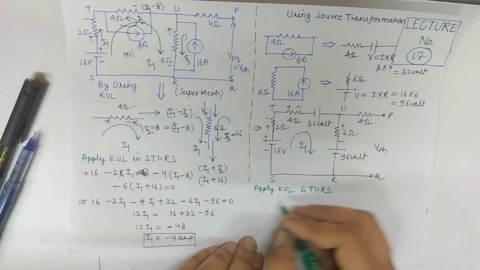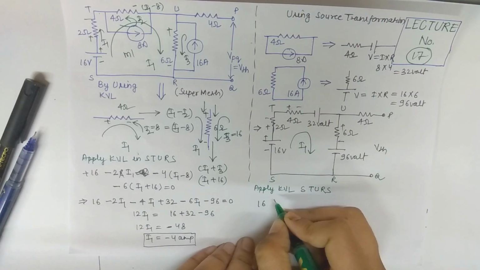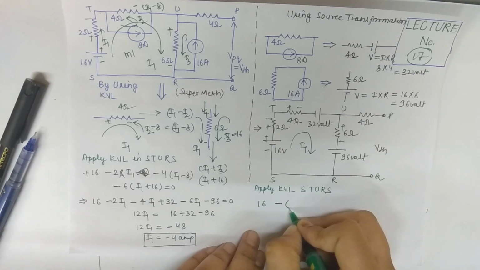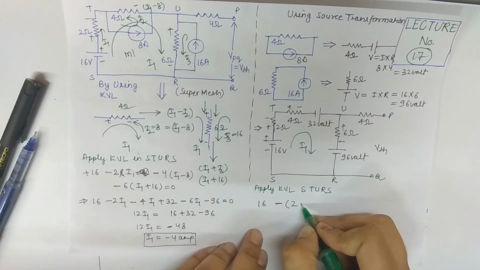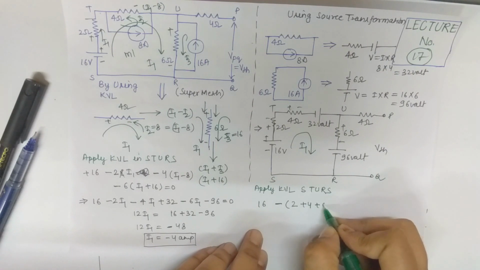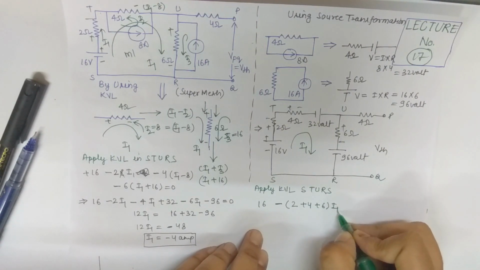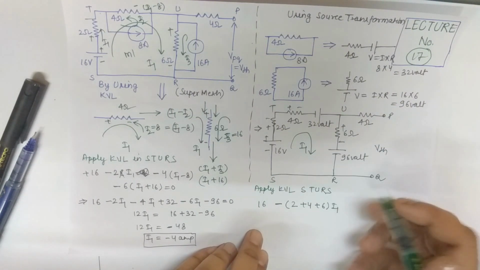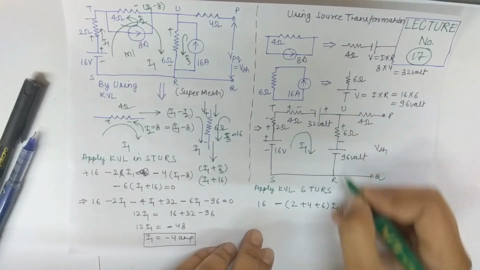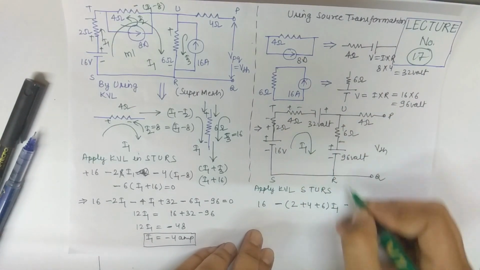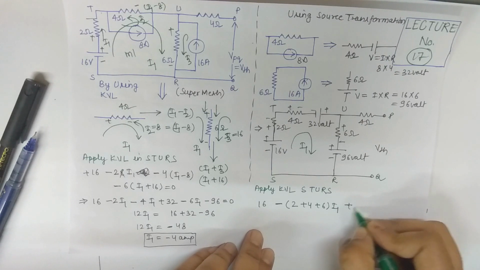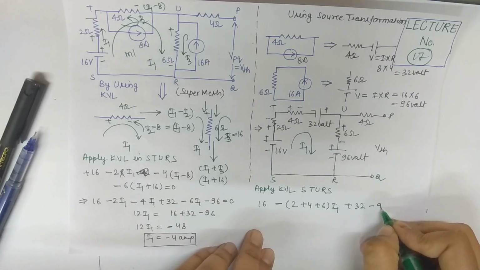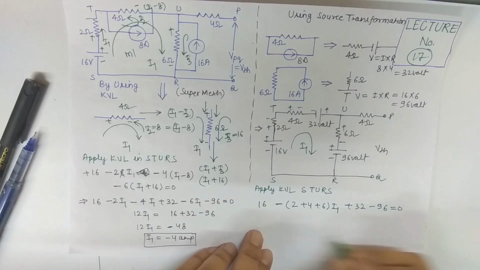It is 16 minus of this resistance 2 plus 4 plus 6 into I1, and here this is last terminal of this battery plus 32, and here minus 96 is equal to 0.